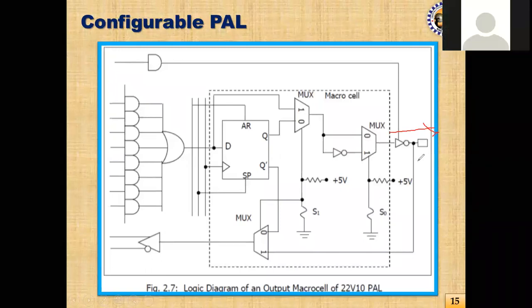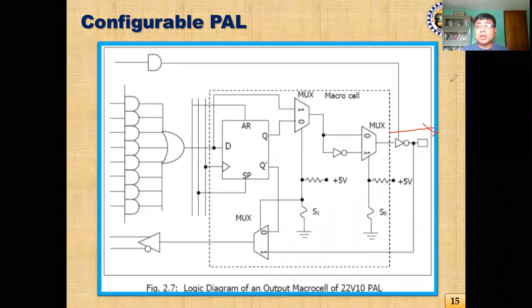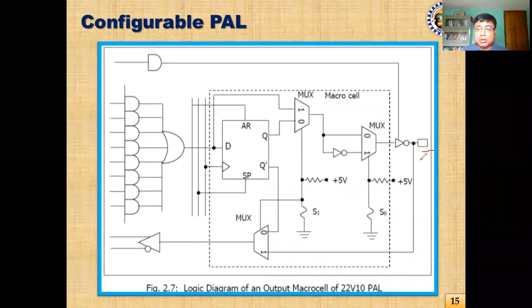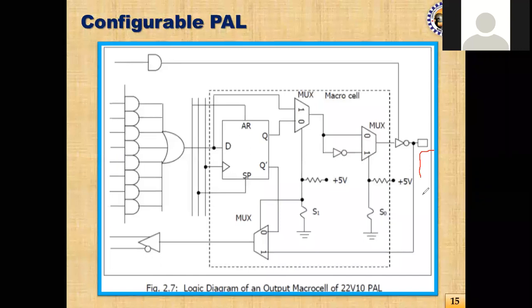We have to configure it as output. But at some other point of time, when we wish to use it as an input pin, the signal will travel through this path.